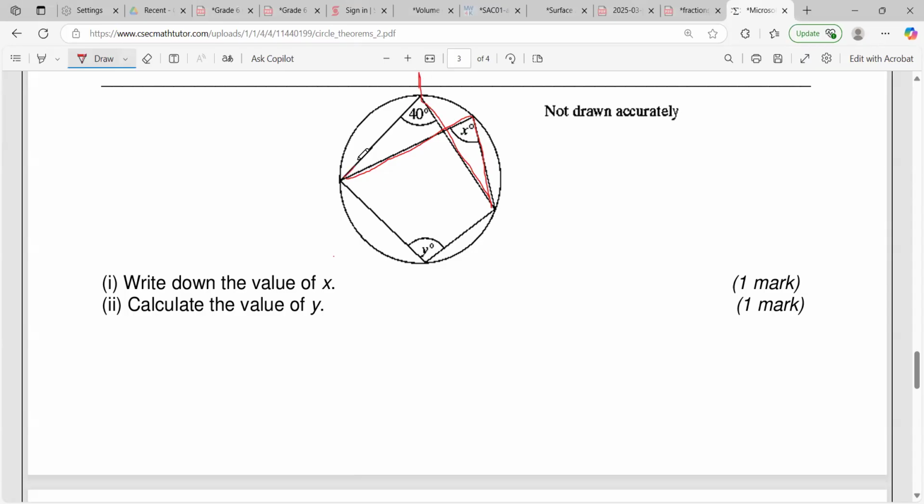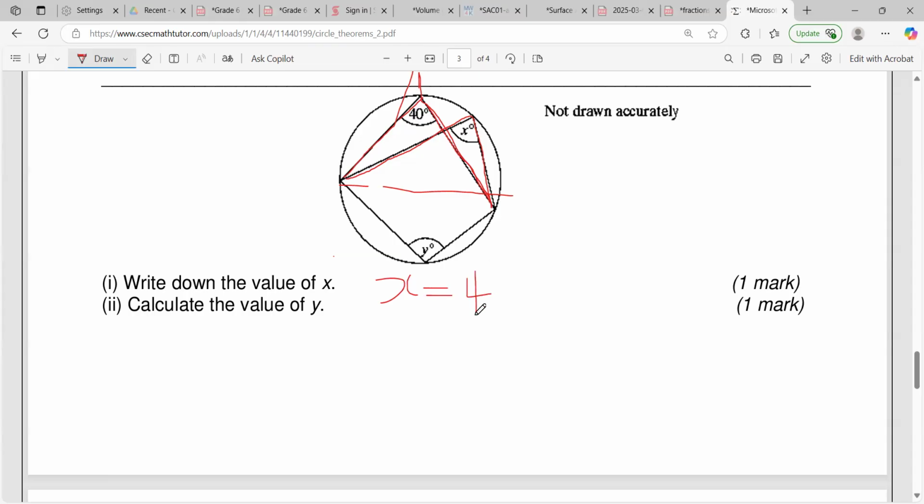Isn't this looking at the angles in the same segment, guys? Right? So x is equal to 40. Right off the bat. 40 degrees.